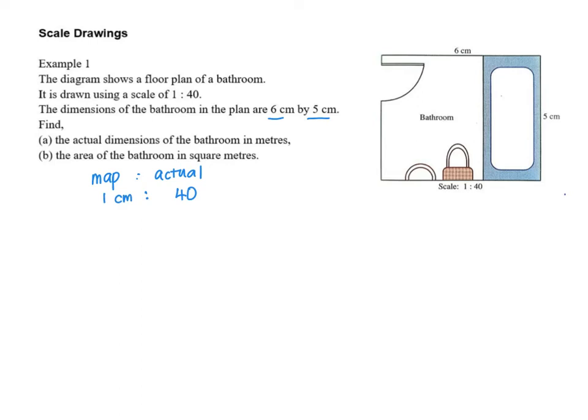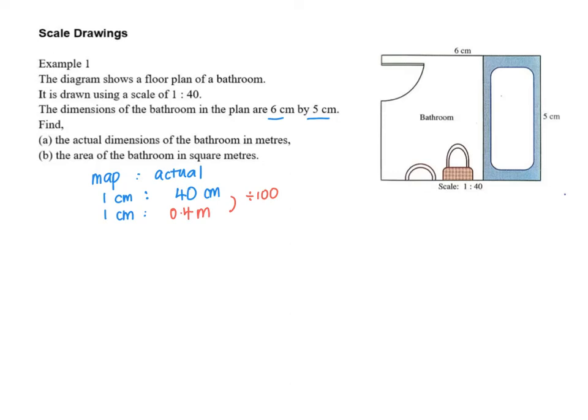So 1 cm equals 40 cm. They want the actual dimensions in meters. So we're going to change 40 cm to meters. We're going to divide by 100 and we'll get 0.4 meters.